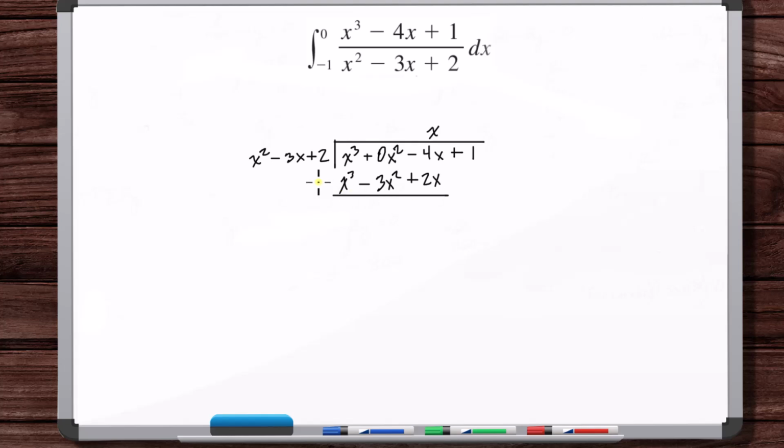Subtract these two expressions. So we've got 3x squared and then minus 4x minus 2x. Okay, 3x squared divided by x squared is 3. 3 times the divisor.